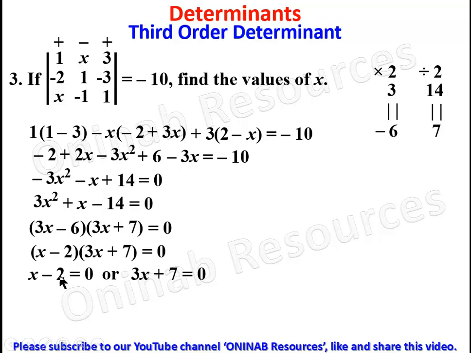Solving this, x is equal to 2, or x is equal to, taking this to the other side, negative 7, then dividing both sides by 3, we have negative 7 over 3. So we have found the values of x to be 2 and negative 7 over 3.